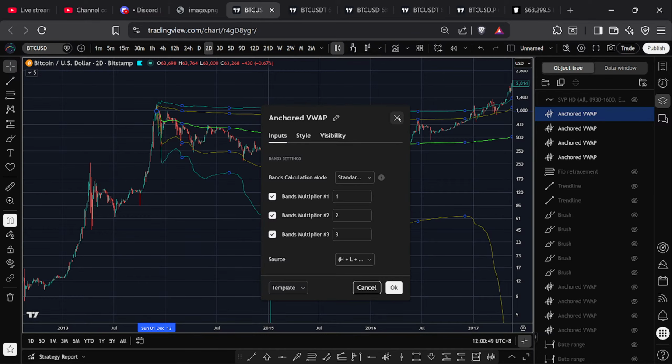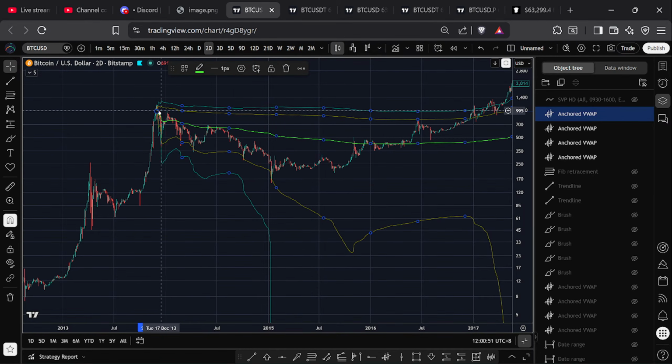All right, there's your settings. Take it from the top, and then you see what the different lines do. So this is like the multiplier of the anchored VWAP main green line. Okay, and we can see what that does as well all the way along.